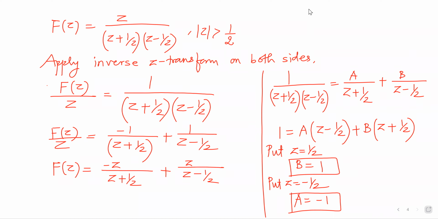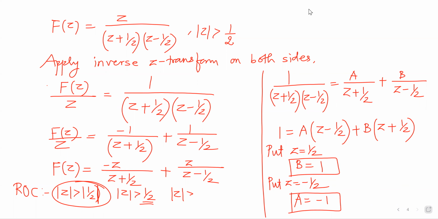Now what is given? The given region of convergence here is mod z greater than mod of half. You can see that this concept will come with mod z greater than half. So how do you get half?